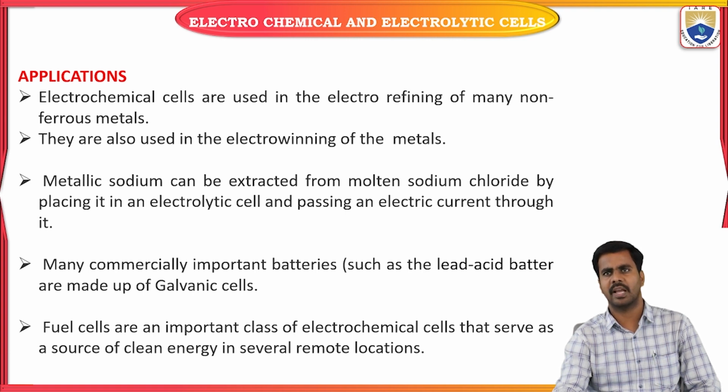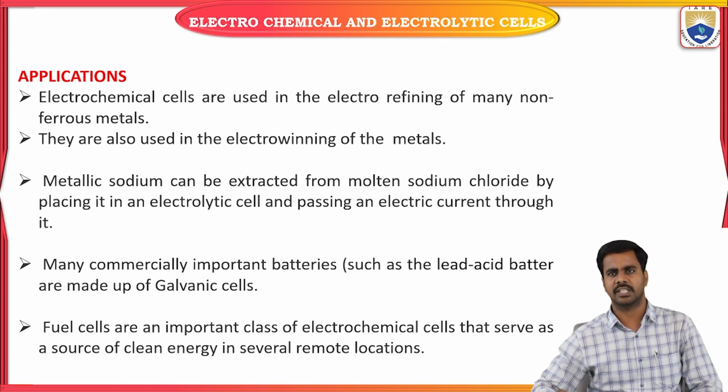Metallic sodium can be extracted from molten sodium chloride by placing it in an electrolytic cell and passing electrical current through it. Many commercially important batteries, such as the lead acid battery, are made up of galvanic cells. And fuel cells are an important class of electrochemical cells that serve as a source of clean energy in several remote locations.